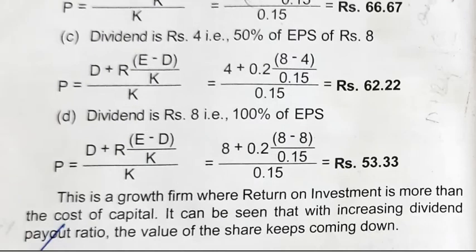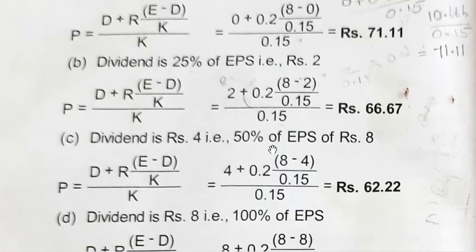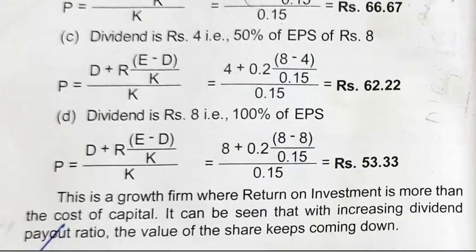If they give more and more dividend, when the dividend was 0, the market price was 71. When the dividend was 2 rupees, the market price is 66. When the dividend is 4 rupees, the market price is 62. So when you give dividend, the market price starts declining. You can write a comment at the end if they ask you to comment. This is a growth firm because rate of return is more than cost of capital.